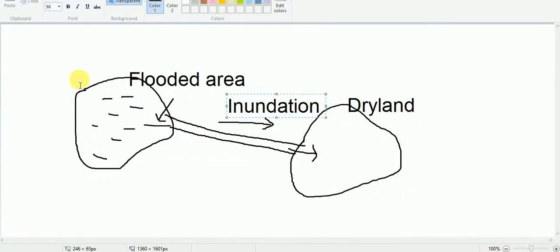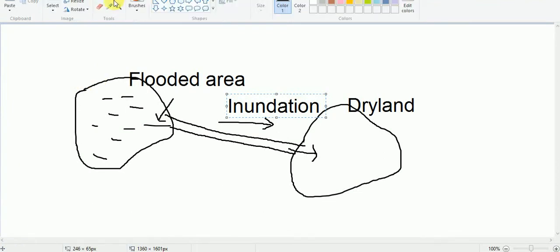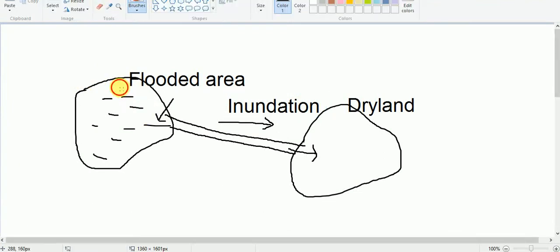Those ancient people dug an inundation canal to drain the flood water towards the dry land areas, and this was one of the techniques to manage water resources. Such a canal is known as an inundation canal.